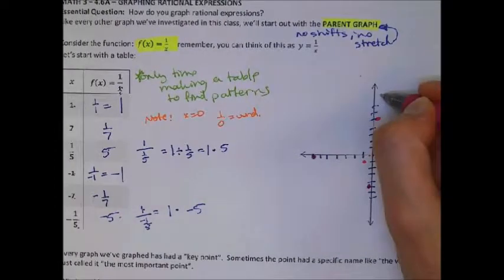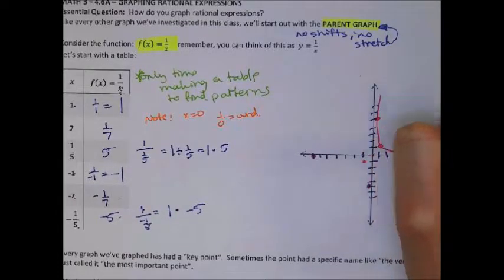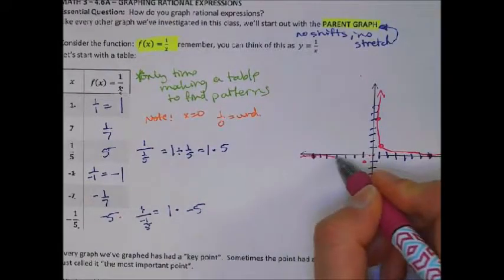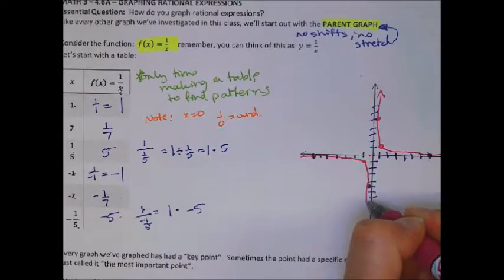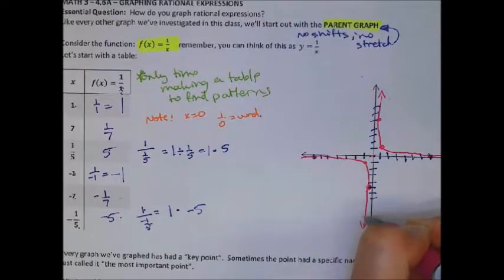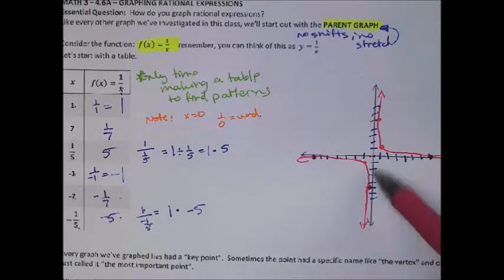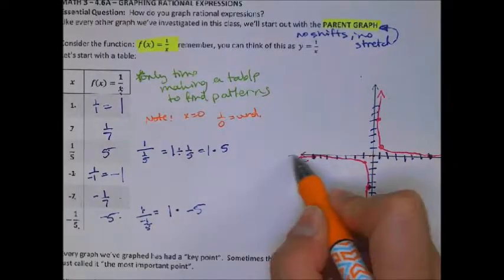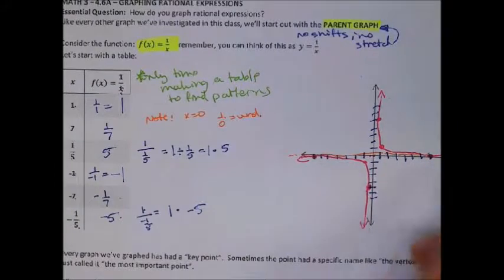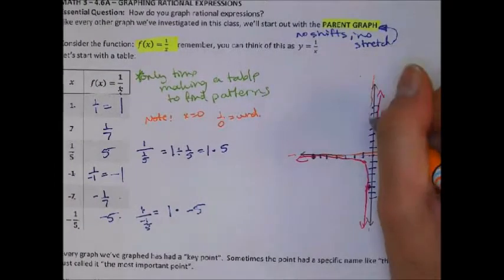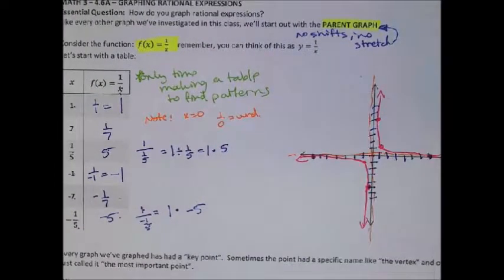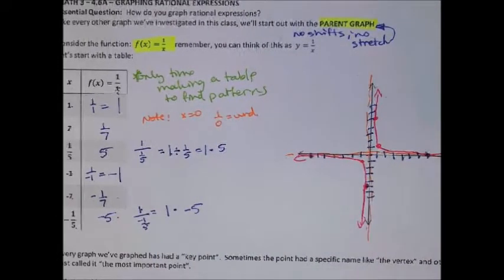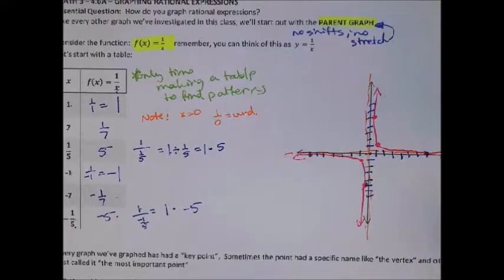What happens here is we're going to connect like this, and we're going to get really close to the x-axis and really close to the y-axis. Remember those asymptotes we've talked about before? We're going to have an asymptote at the x-axis and an asymptote at the y-axis, because I can't plug in 0 for x, so I have one at the y-axis.